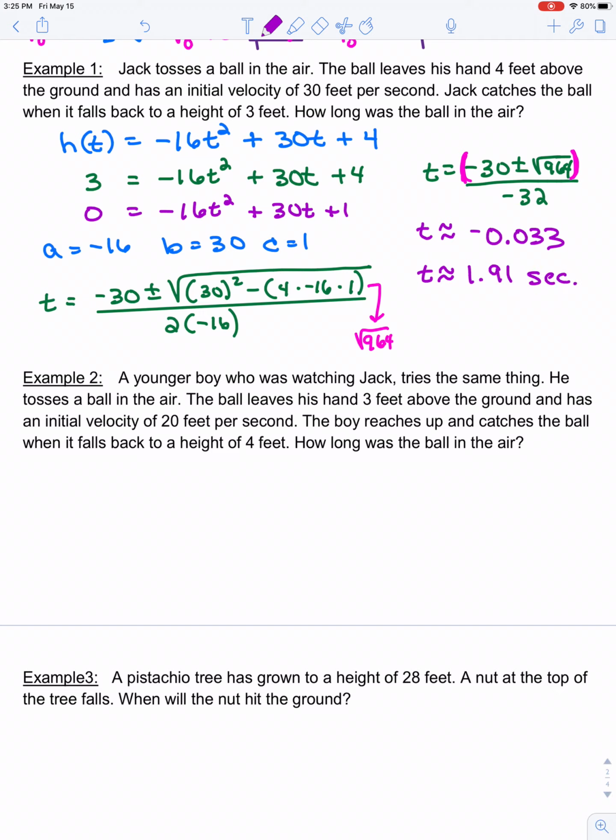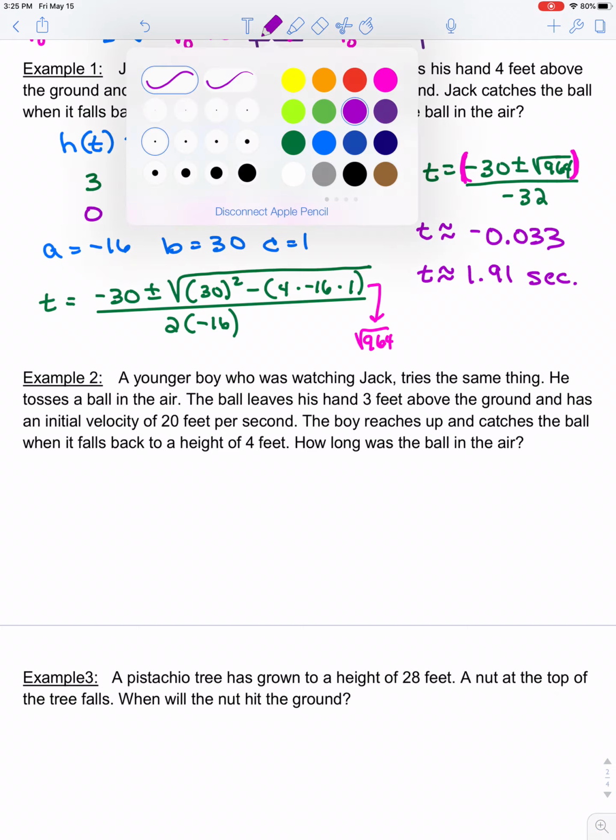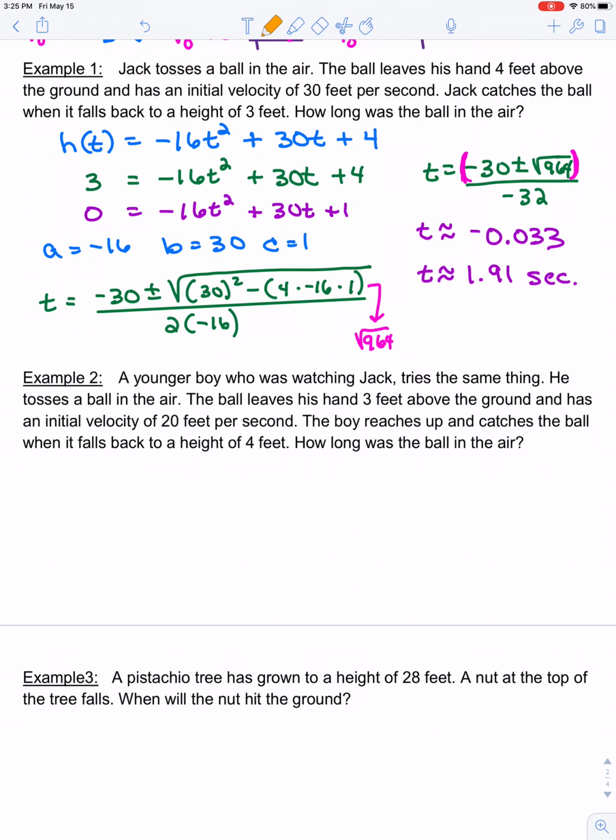Now, what you found out, when Jack catches the ball at 3 feet, how long the ball was in the air. Well, the negative answer will not make sense, obviously, so we cannot use it this time. So your final answer will be approximately 1.91 seconds. That's how long the ball was in the air.